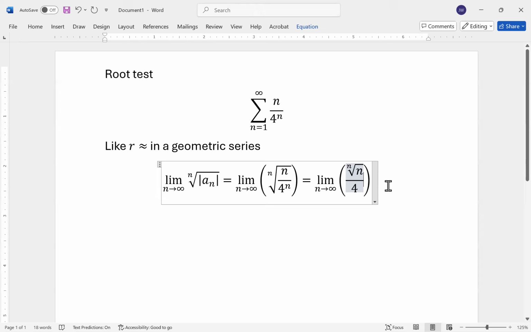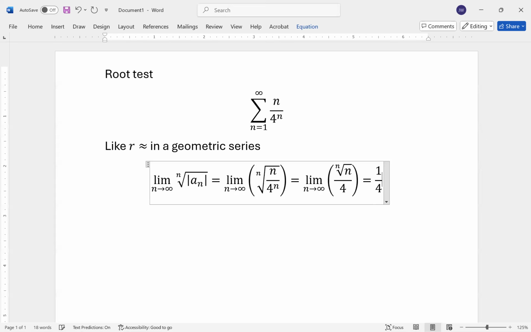The nth root of the denominator is 4, and it turns out that if you take the nth root of n, I know that's kind of hard to understand, but it's going to become 1.